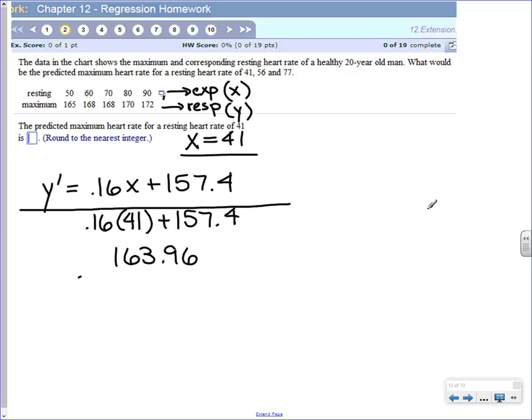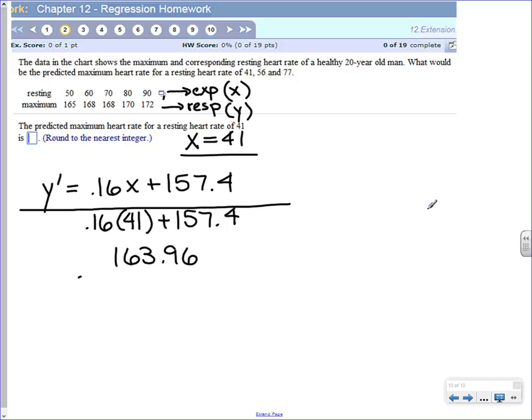You can also probably find lots of YouTube videos if you just type in Excel regression. Or if you need more instruction on your calculator, type in TI-83 linear regression, something like that.